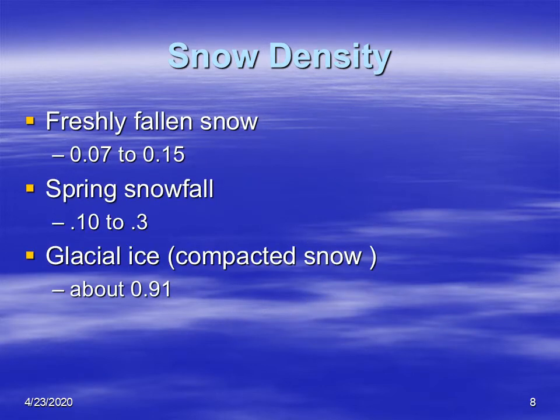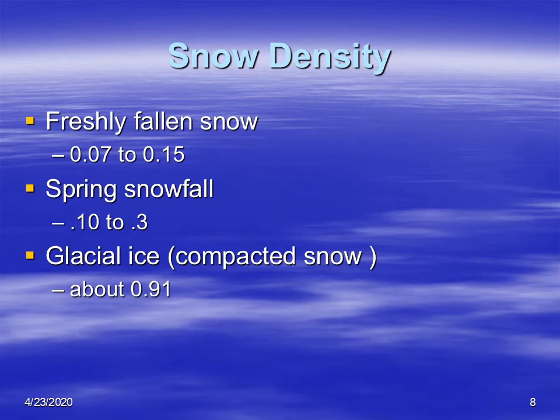So here are some numbers for you that you can use to get a feel for snow density. Think about this. Snow density is the amount of water divided by the amount of snow. If you freeze water, it will expand. Many people have learned that after they left a beer in their car overnight. It'll explode, it'll expand, right?